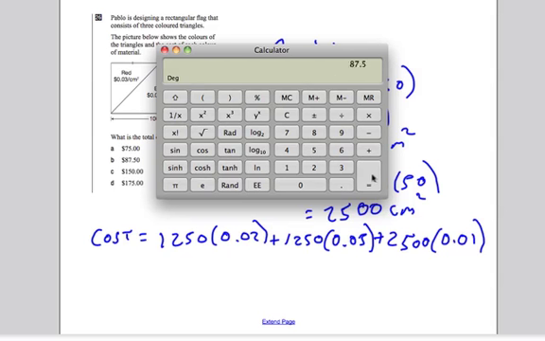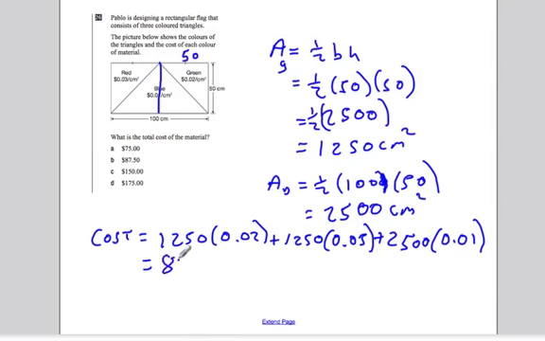And you come up with $87.50. So the total cost then is $87.50. So our answer is B.